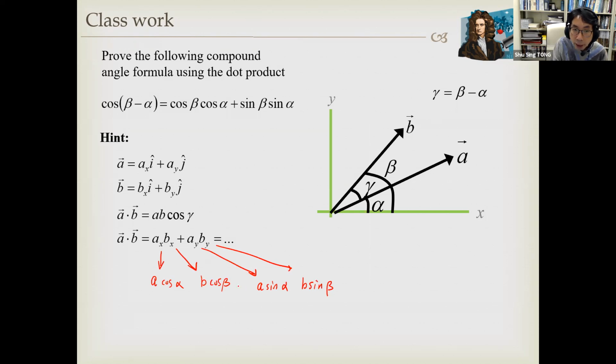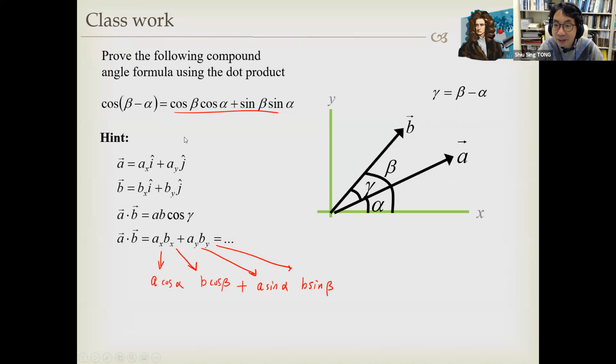Now, when we compare this with this, after canceling the factor AB, we got this formula, exactly this formula. Can you see that? So I only need 2 lines of writing to prove this complicated cosine law, this compound formula that I learned in high school.